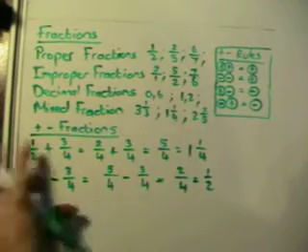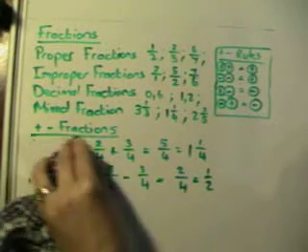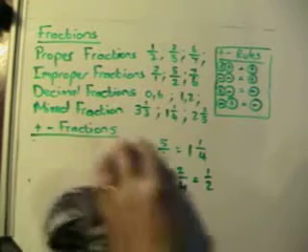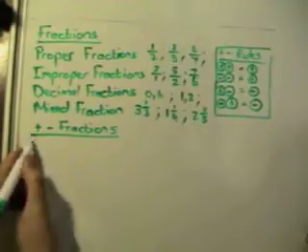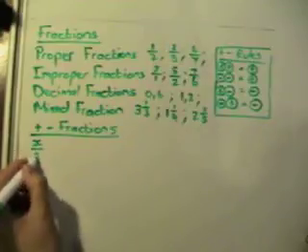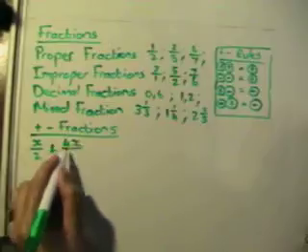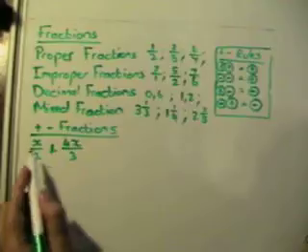Right, and this method follows through to algebraic equations, when I work with variables and x's and y's. I just want to show you quickly an example that looks like that. Say for instance I have x over 2 plus 4x over 3. These are simple examples. I just want you to get the concept.